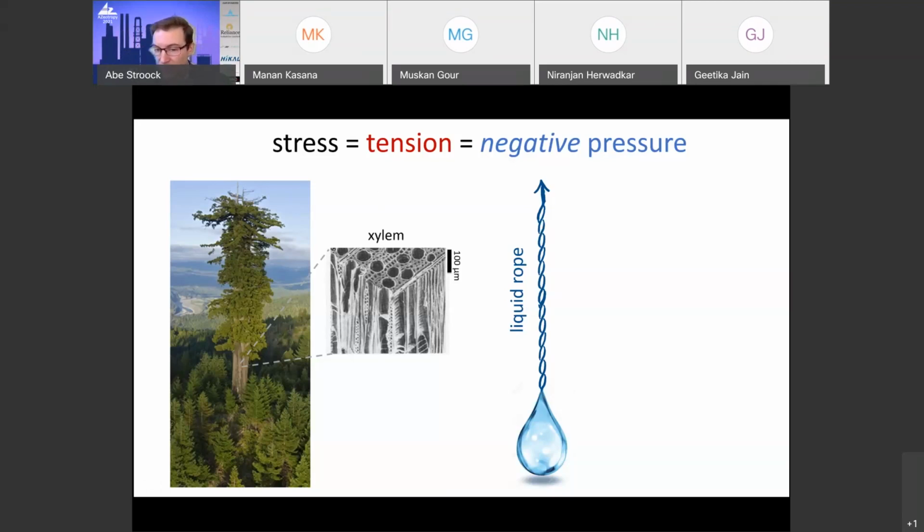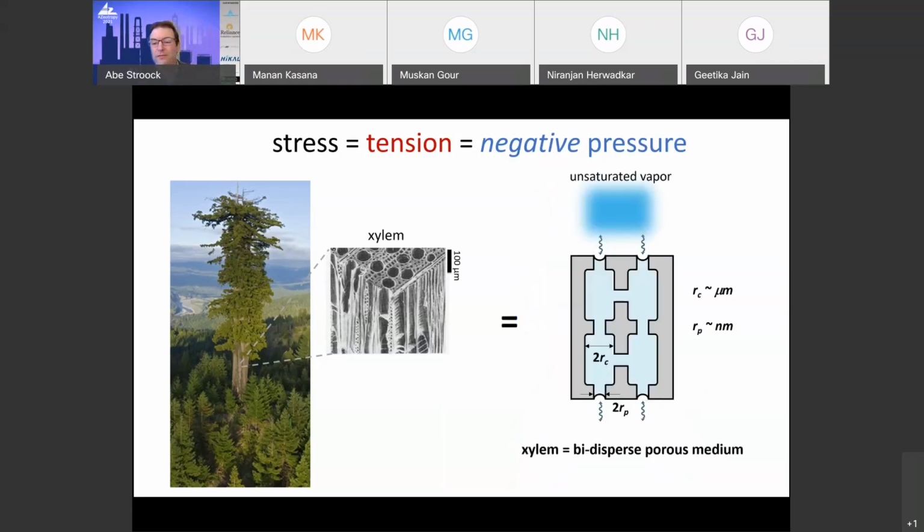And like any rope, it's prone to break. Okay, and so this is an odd, unfamiliar scenario, that liquid in plants is almost always in a state of tension or negative pressure. And I will try to justify this briefly.